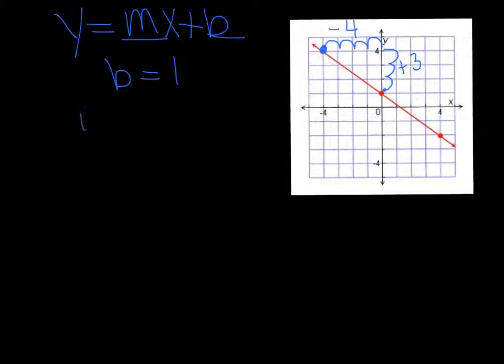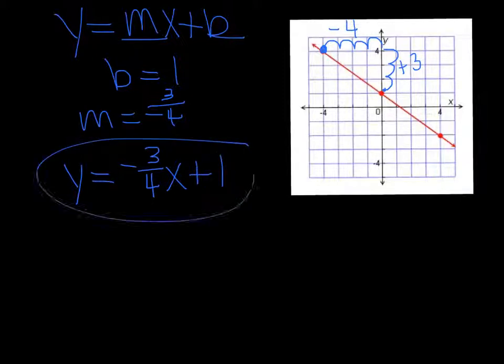Since it's rise over run, m, or the slope, would be positive 3 over negative 4. So my slope is negative 3/4. Now all I have to do is plug in negative 3/4 for m and positive 1 for b, and that's the equation of my line.